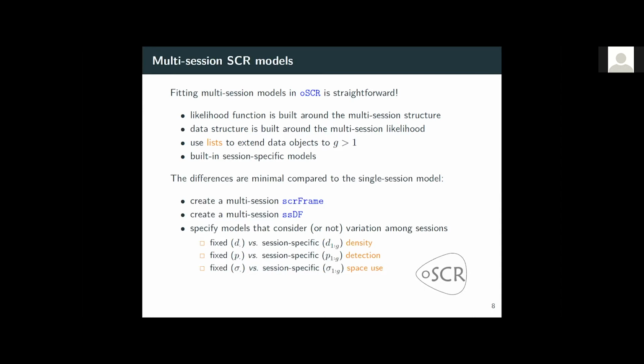So we can start fitting models without any covariate information, just leaning on the multi-session structure. We're going to be able to fit models that compare formally fixed parameters versus session-specific parameters, and we can do that for each of the core components of the spatial capture-recapture model: the density, the baseline detection, and the space use.